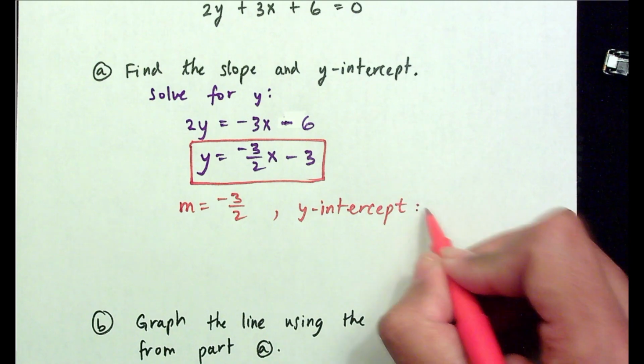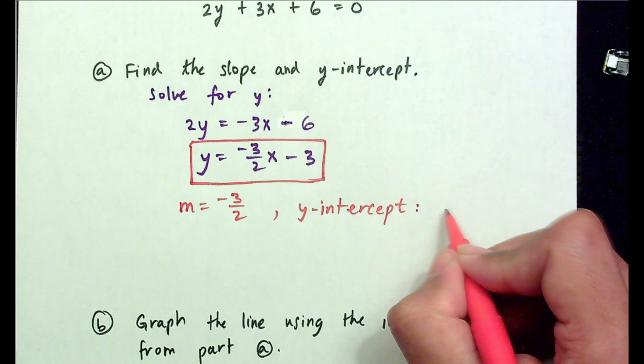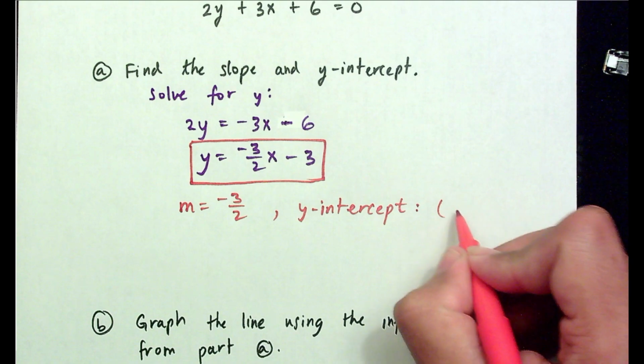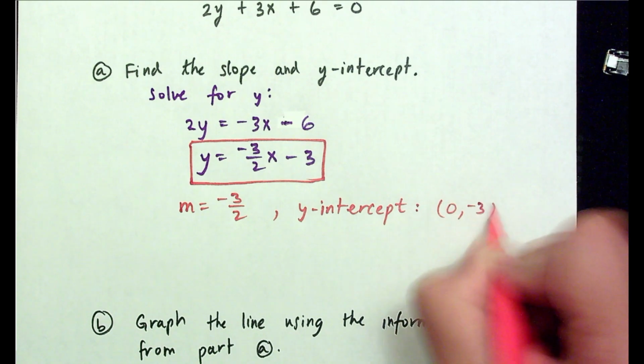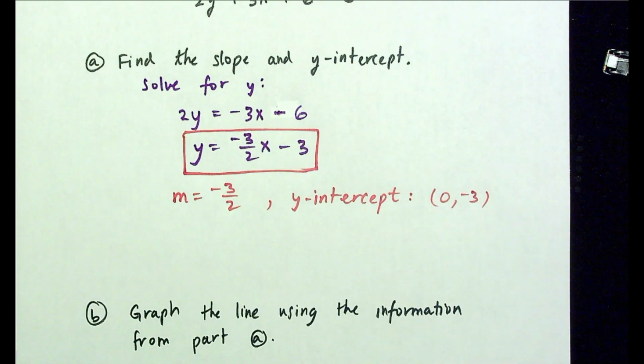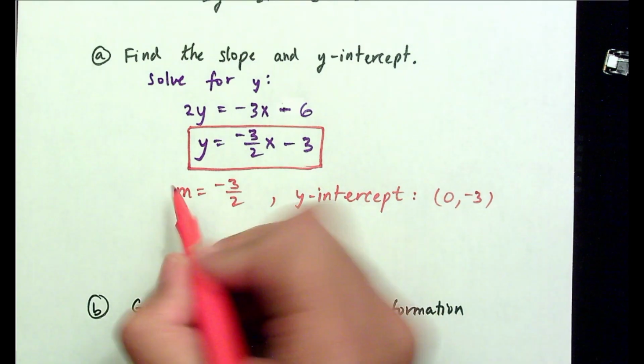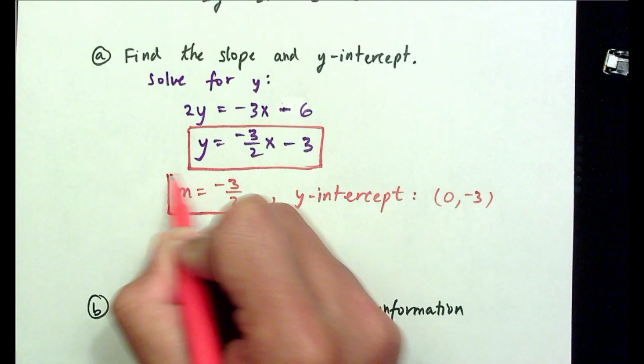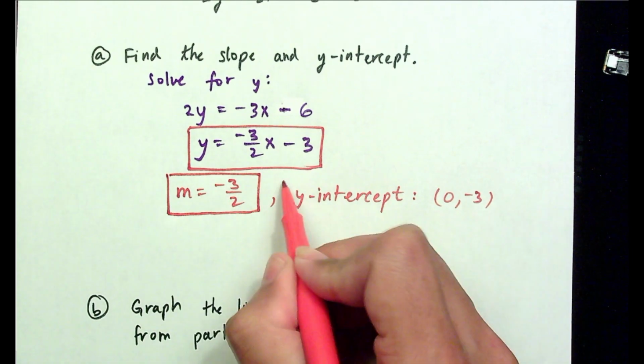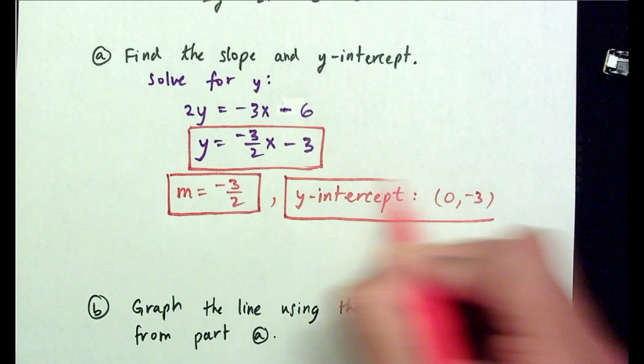So the y-intercept as a point on the plane would be 0, negative 3. So the negative 3 is the y-coordinate of the y-intercept. Slope and y-intercept.